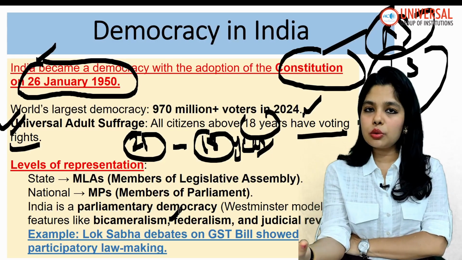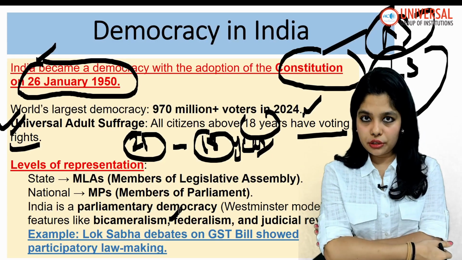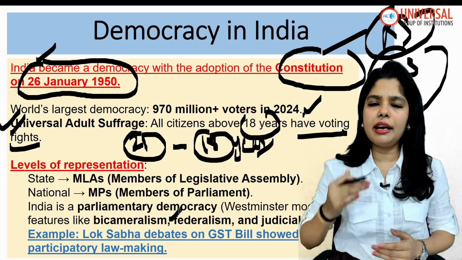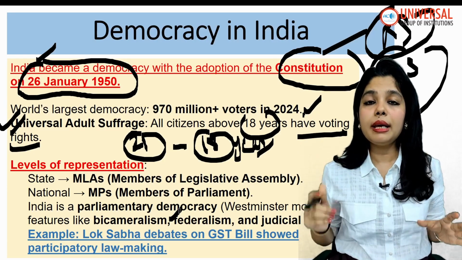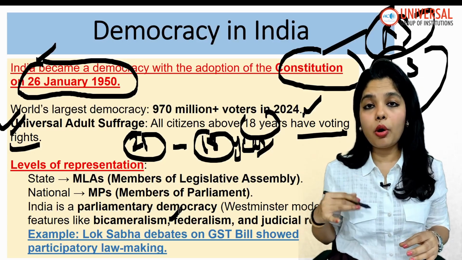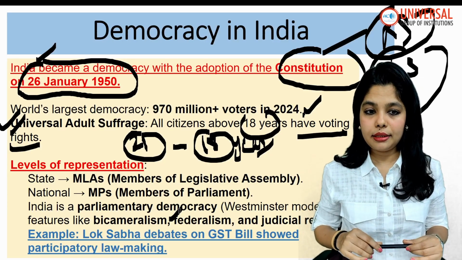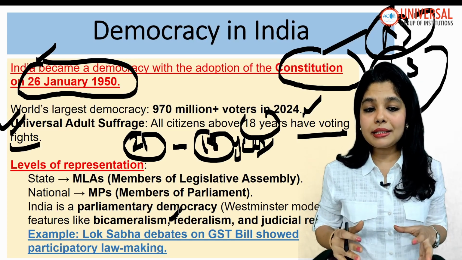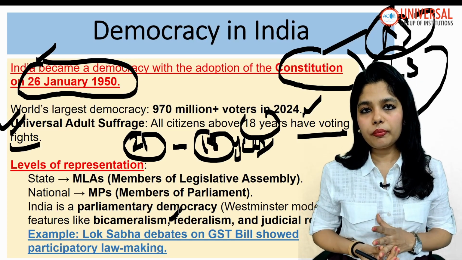All this scrutiny is done through judicial review. In the judiciary we have a hierarchy: the Supreme Court at the top, then the High Courts, and then the subordinate courts. For example, the Lok Sabha debates on the GST bill showed participatory lawmaking.